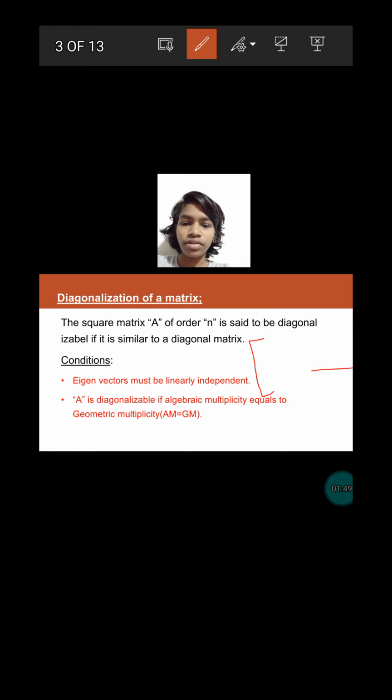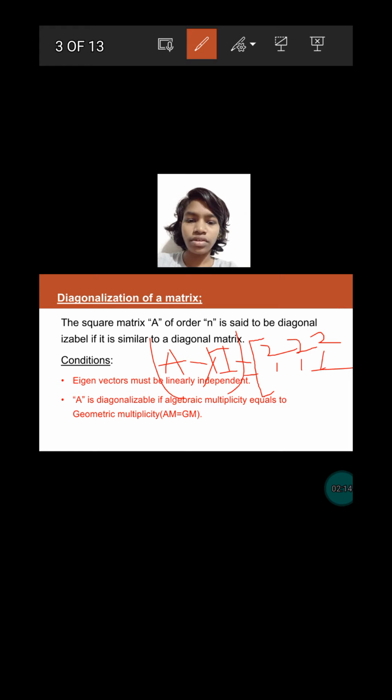For example, after finding eigenvalues, suppose A minus lambda I matrix is 2 2 2, 1 1 1, 1 1 1, multiplied with x1 x2 x3.